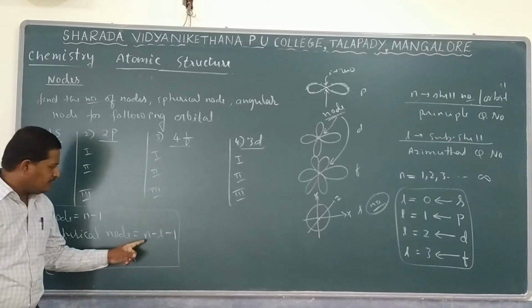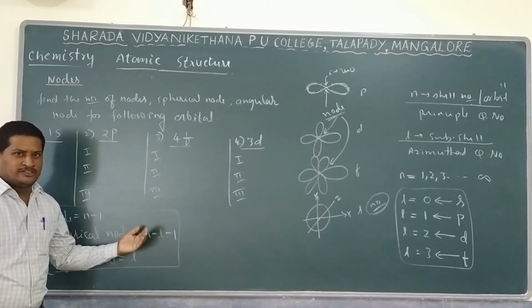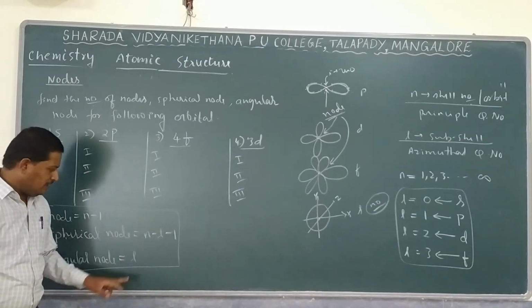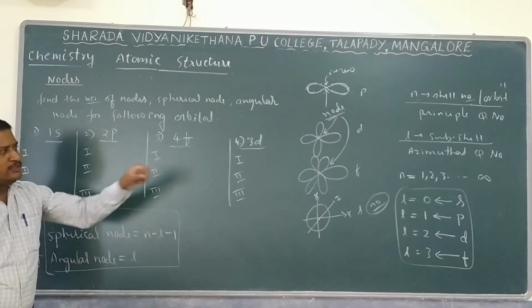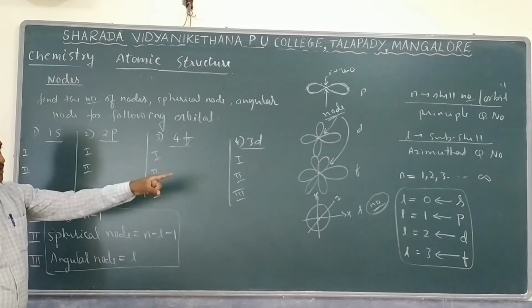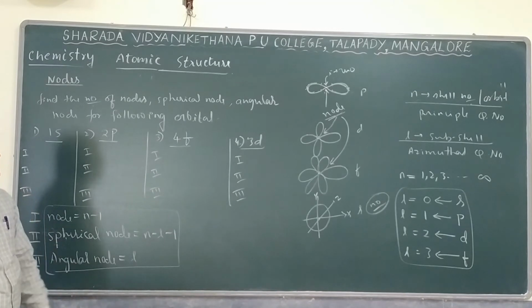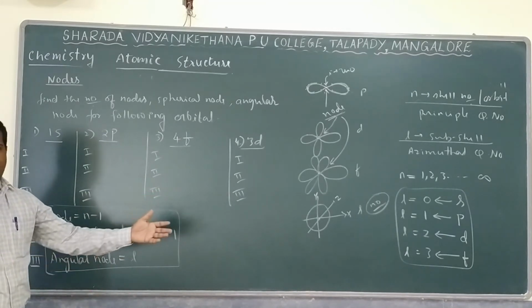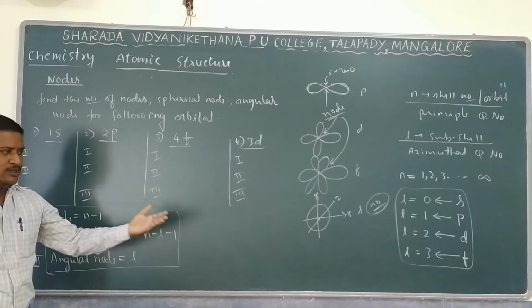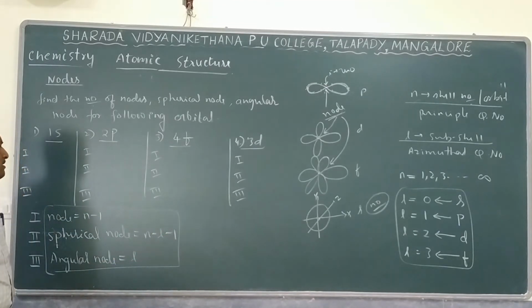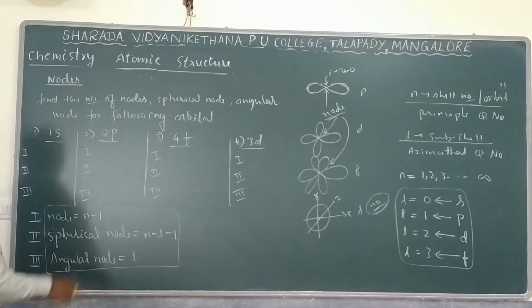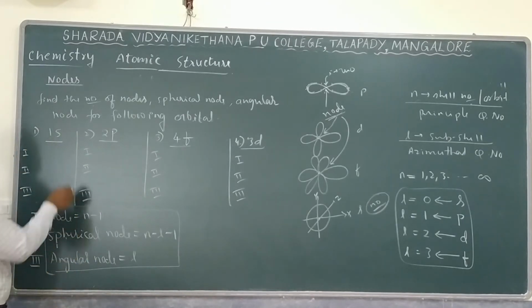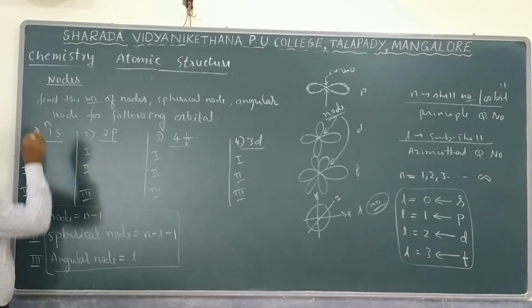So already I said n value is a shell number 1, 2, 3, 4 up to infinity, and l value is for the particular orbital we are going to display. For s orbital 0, p orbital 1, d orbital 2, f orbital 3, and for g orbital it is 4 also, but g orbital is not necessary. Right. Let us calculate 1 by 1. For the 1s orbital, remember this 1 stands for n.